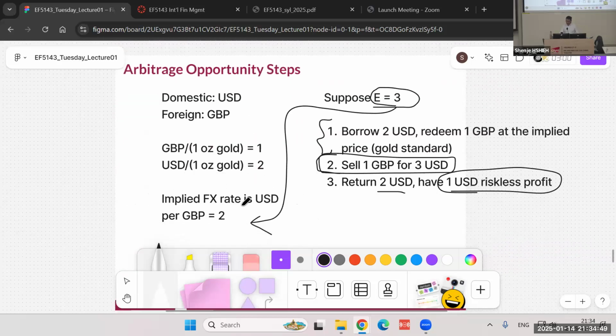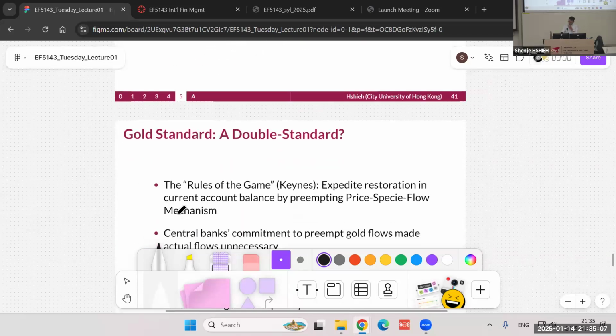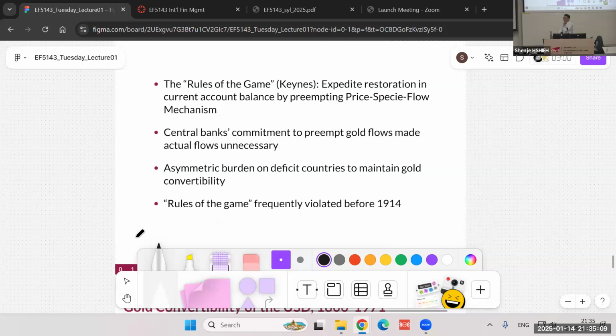So you can see the implied exchange rate is fixed, right? It is fixed. So deviations away from the fixed exchange rates will mean arbitrage profits.